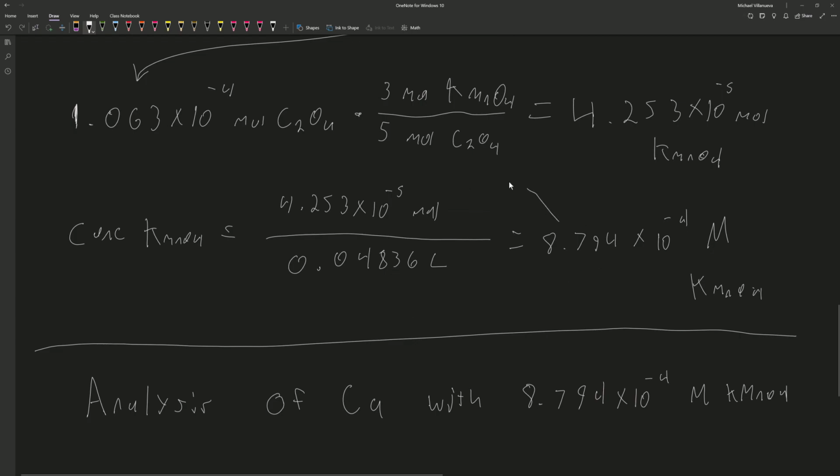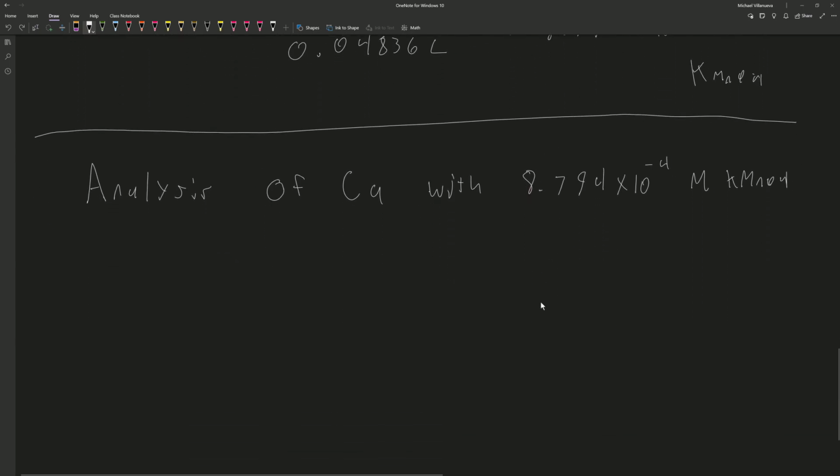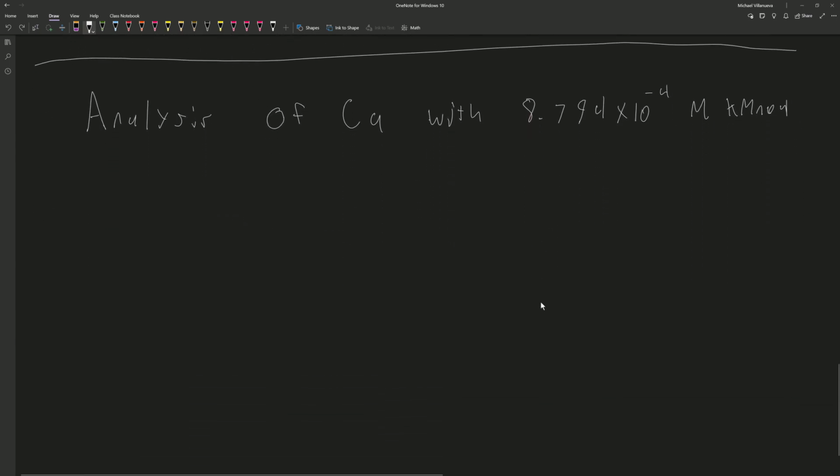Notice how that is the same concentration of the standard that we created. We are going to use our previously created standard to run this analysis. So let me write out the equation of what's going to be.